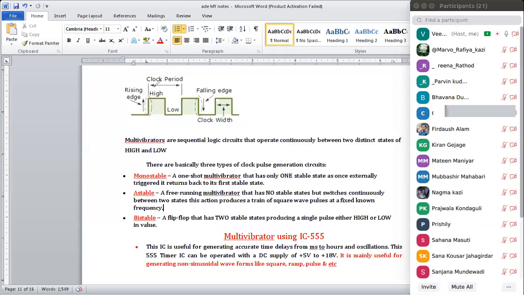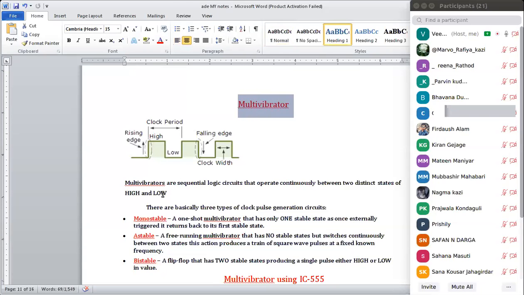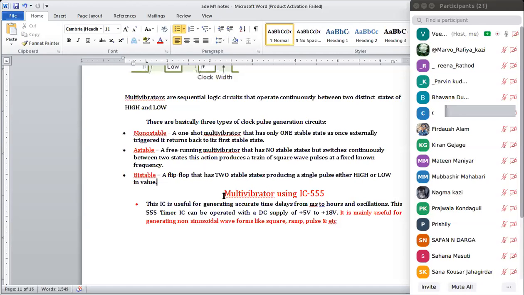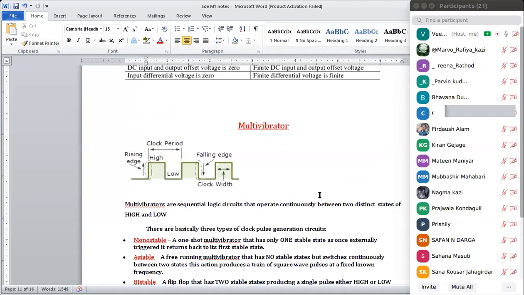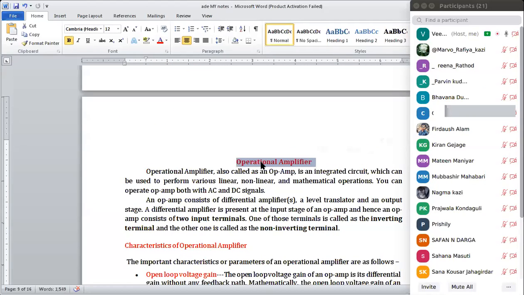Okay. So just now we have seen what the multivibrator is and the different types of multivibrators. For our syllabus, we have a multivibrator using the 555 IC. Previously we have seen the amplifier.